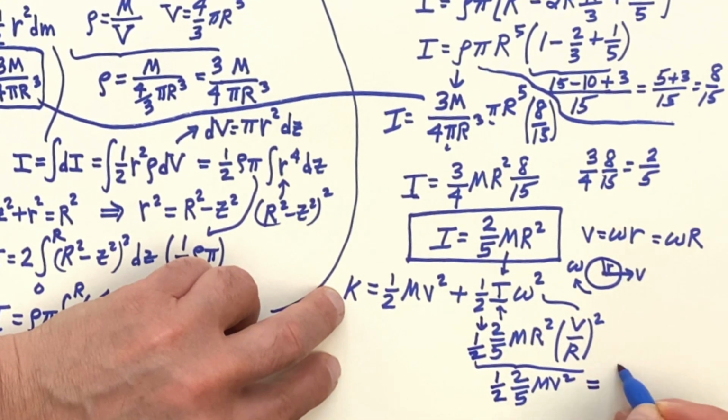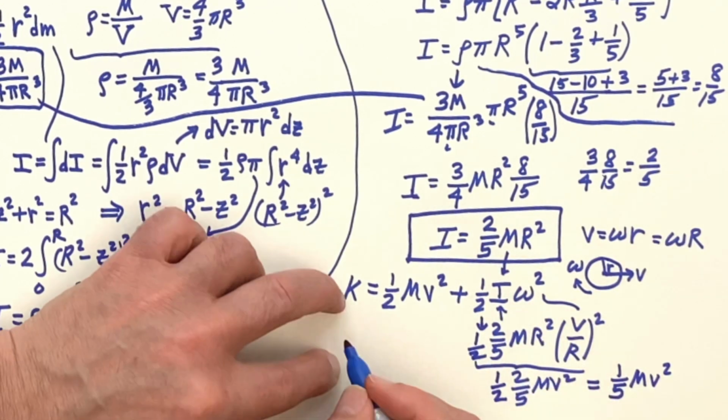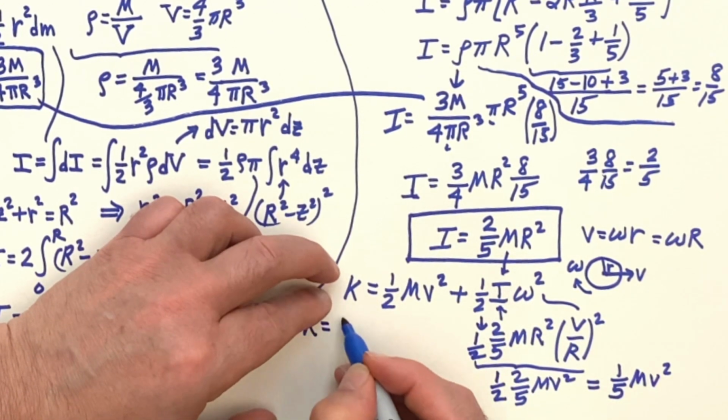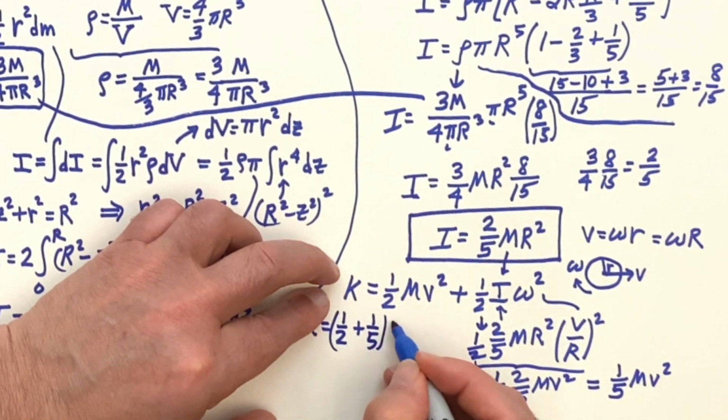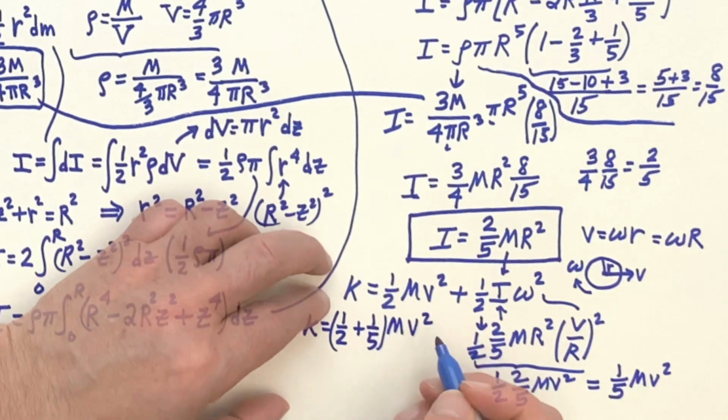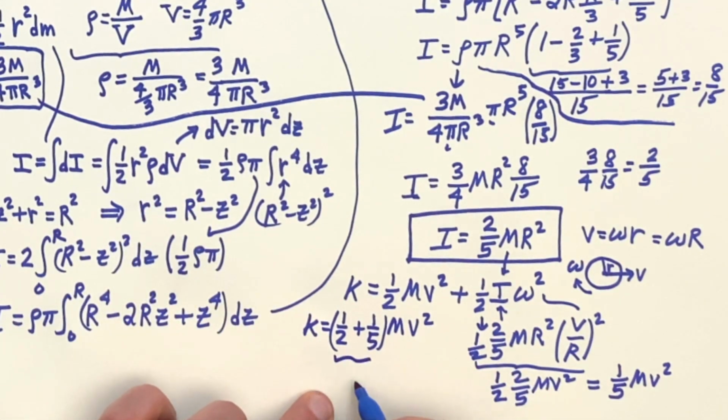So we're looking at 1/5 m v squared. So we're adding a 1/2 to 1/5. This second part here is 1/5. So the kinetic energy is going to be 1/2 plus 1/5, times m v squared. Common denominator is 10.